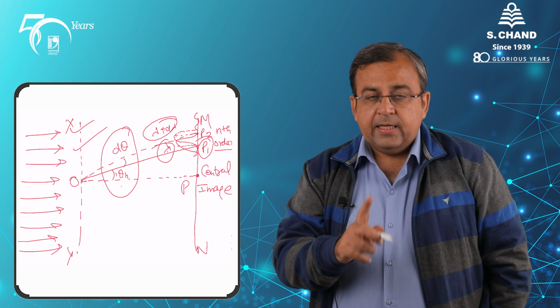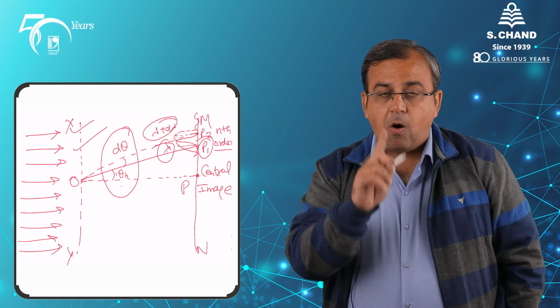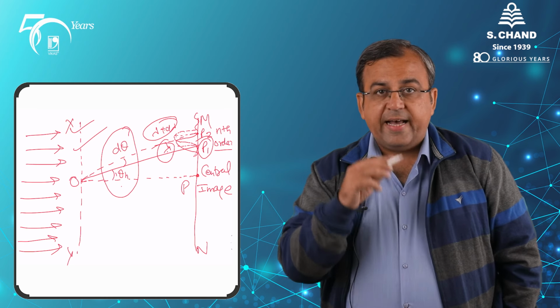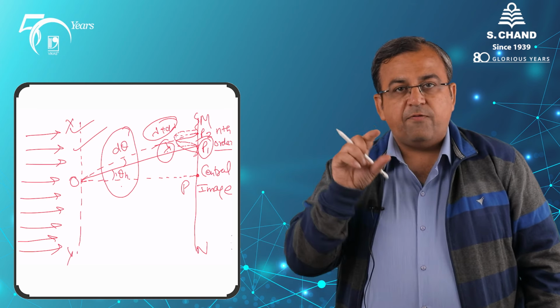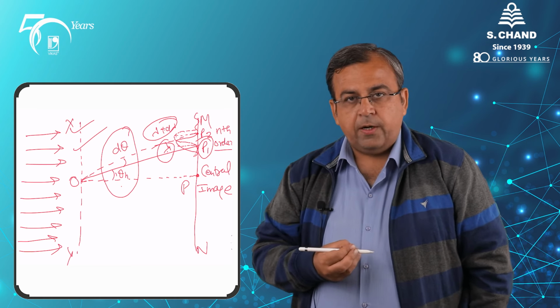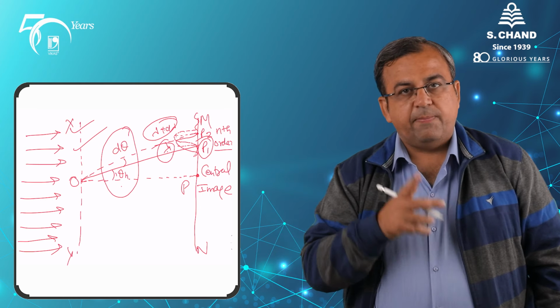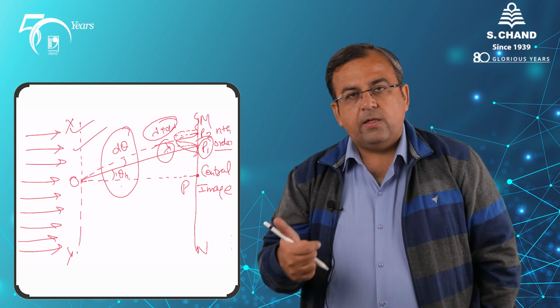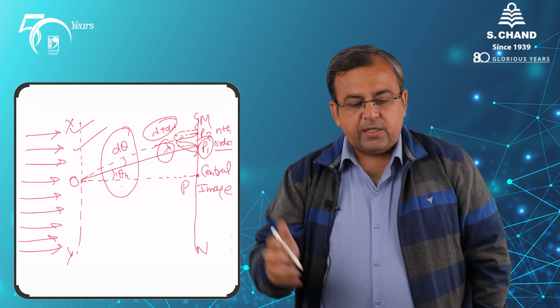Rayleigh criteria says that if the central maxima of one coincides with the first minima of the other and vice versa, then the two wavelengths which are very close to each other, having a difference d lambda, can be resolved. We have seen it with this figure and these expressions as well, that lambda upon d lambda, the resolving power, depends on the order of the spectrum along with the number of lines per centimeter on the grating surface. I hope it is clear to each and every one of you about the resolving power of the transmission grating.